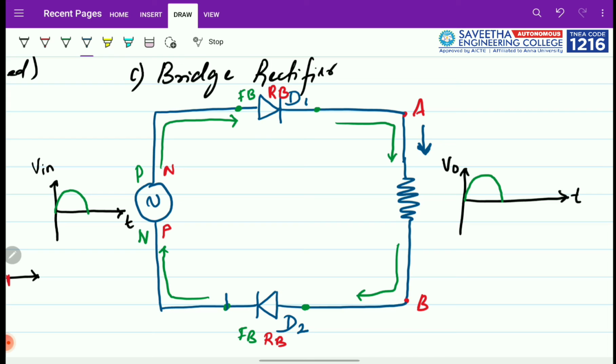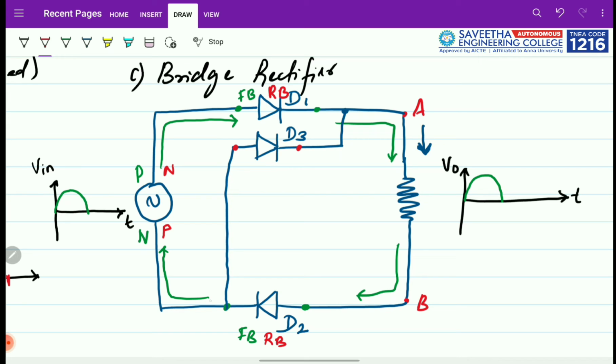So I take a branch from here, put a diode, and give it to this point. So in the second half cycle, the diode is D3, which has an anode here and a cathode here.